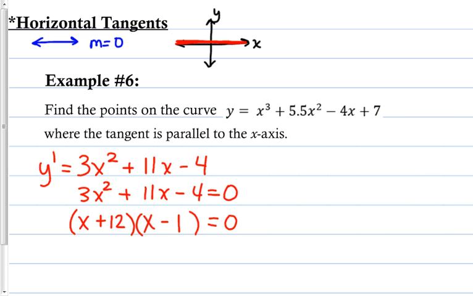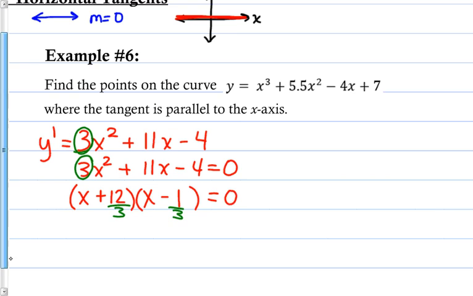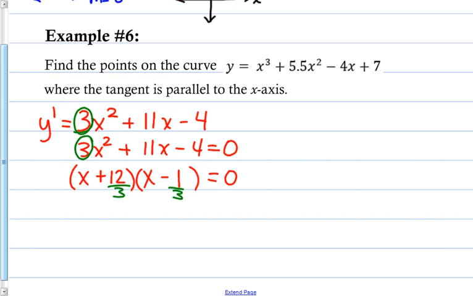Now, whenever you factor and the leading number is bigger than 1, then you have to divide by it when you find your factors. So I have x plus 4, and then x minus 1/3.